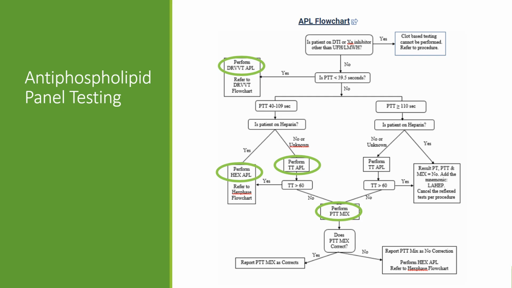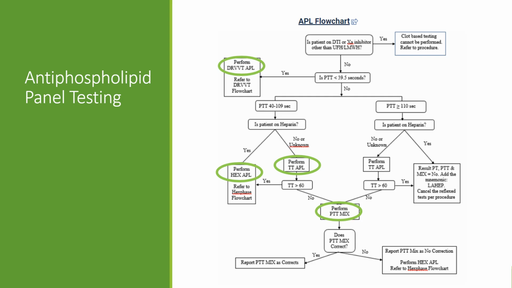If the patient is not on heparin, or if we don't know whether or not the patient is on heparin, we're going to do that thrombin time. And if that thrombin time is greater than 60, that would be indicative of the patient being on heparin. And if that's the case, we would go ahead and perform that hex phase APL. Now, if the thrombin time is not greater than 60, we're going to have to perform a PTT mixing study.